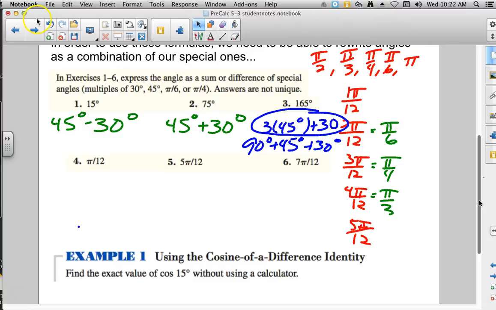Yeah, but if you're trying to find 15 degrees, wouldn't you just take half a mile of it? I don't understand. What is our goal right now? To be able to find answers for angles that are not necessarily on the That's pi over 6 times 1. I don't know. Okay, for this one, okay, hold on. I know these wouldn't work that way because they don't have anything that's perfect that they can multiply. Is that what you're trying to tell me?